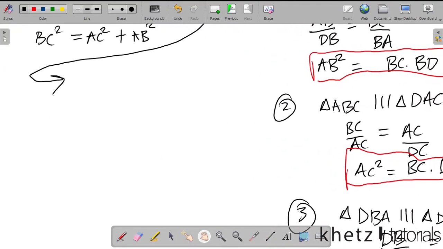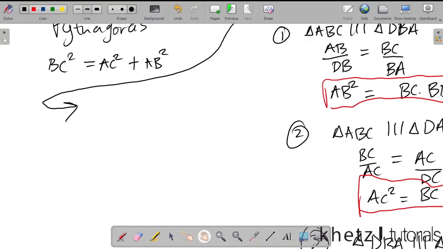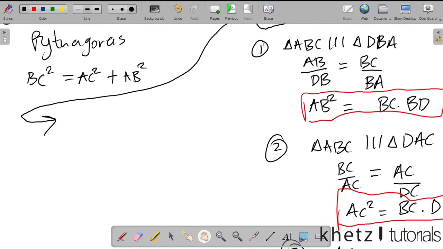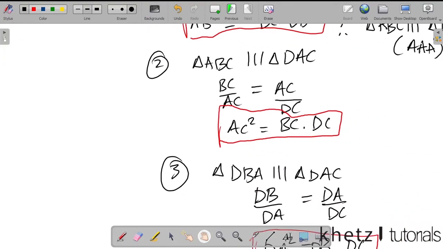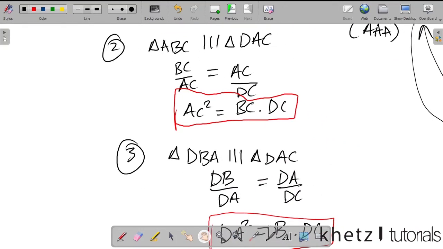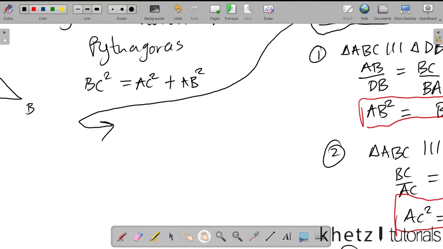And we basically want to prove this using these corollaries, taking the statements in red. So if you look at AC squared, this is from our corollaries, and we found that AC squared is equals to BC multiplied by DC.